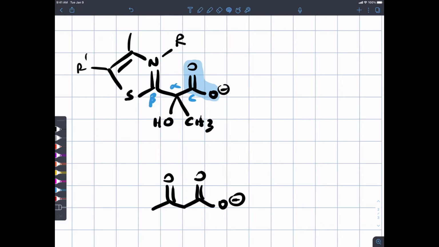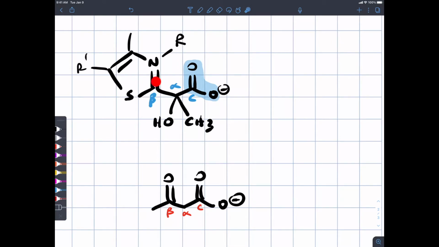You got nothing? It's okay. Look at the beta carbon in a beta keto acid. How many bonds to a heteroatom do I have on the beta carbon? 2, right? Up here, how many bonds do I have?